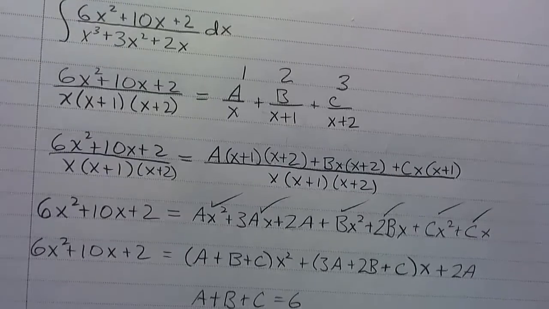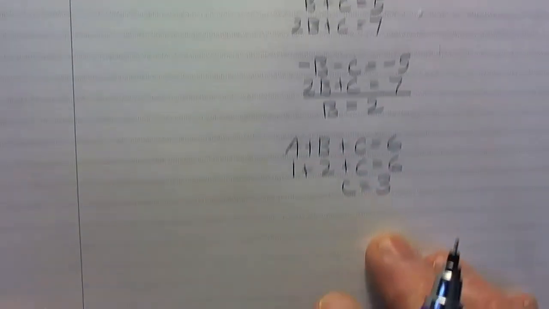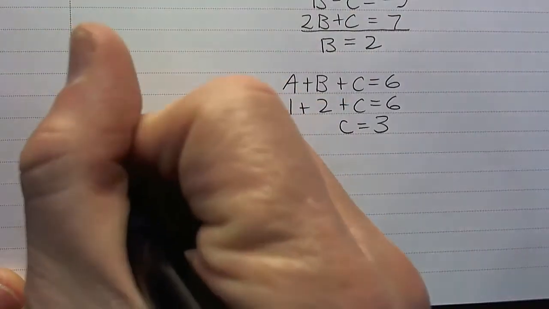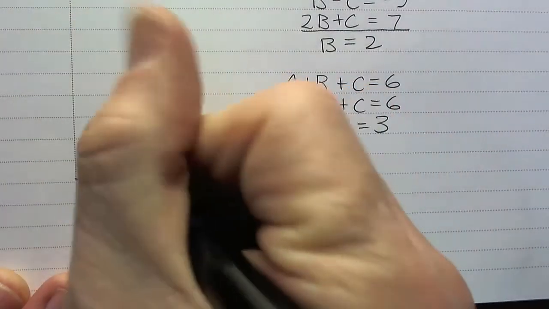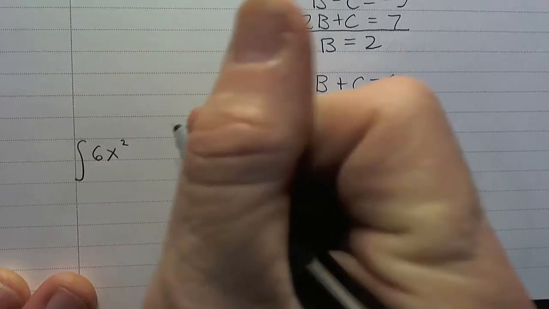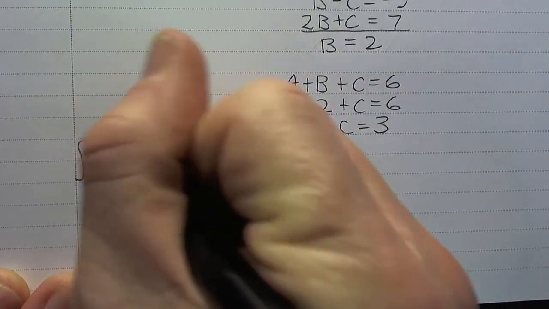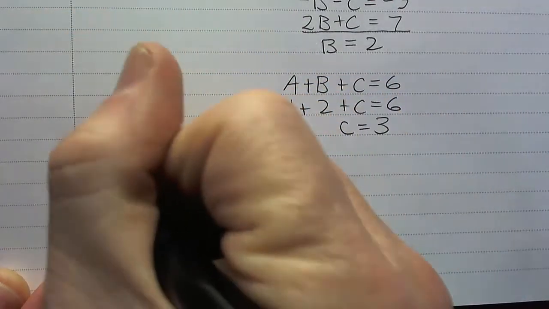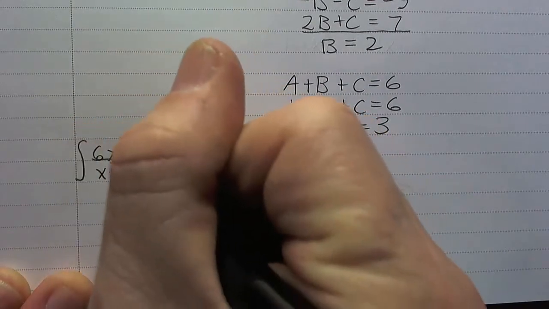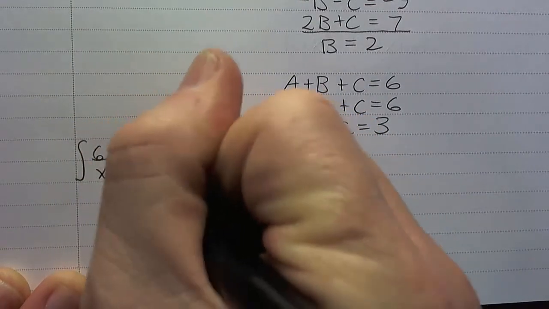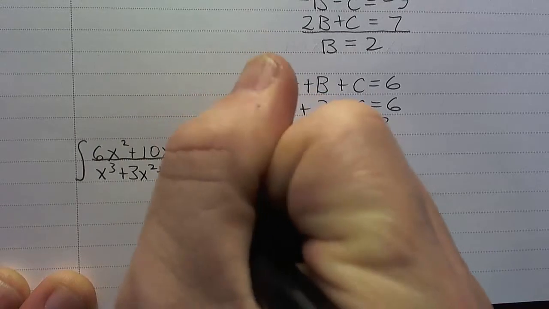So now that we've done all of that, we can rewrite our integral. So let's see what we've got. We started off with this integral: 6x squared plus 10x plus 2 over, I'll go ahead and put the original, x cubed plus 3x squared instead of the factored part.